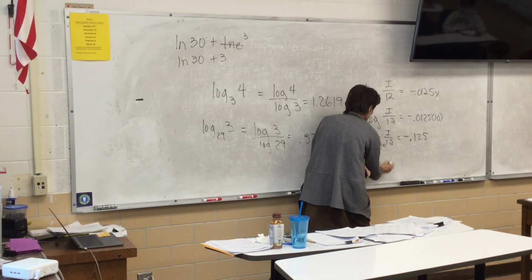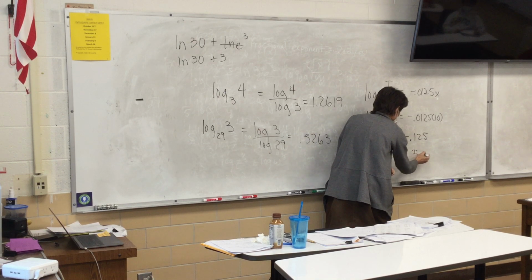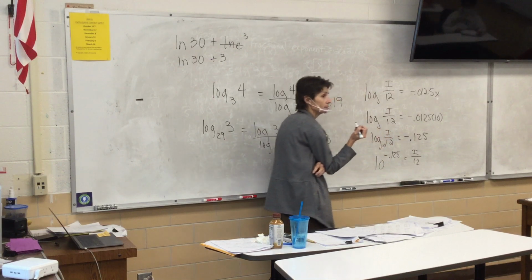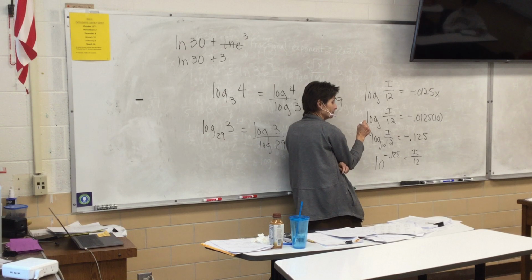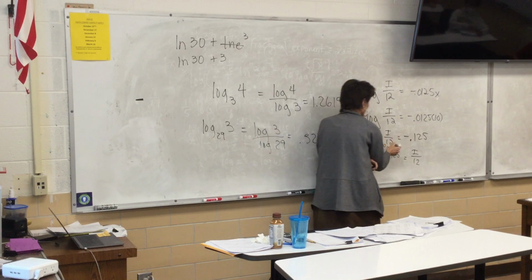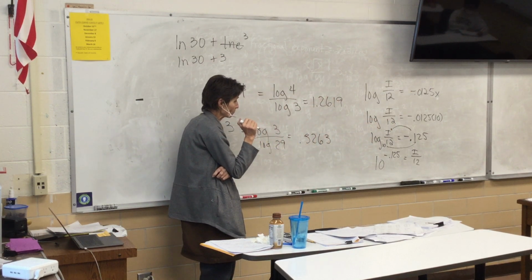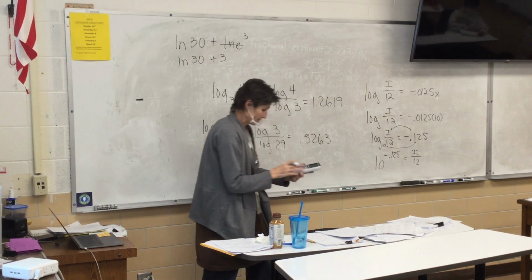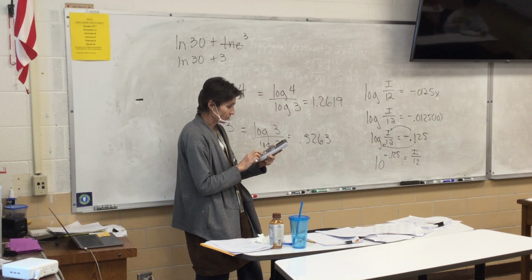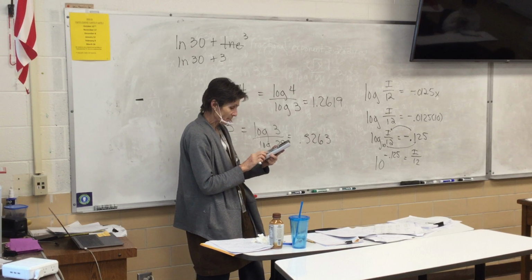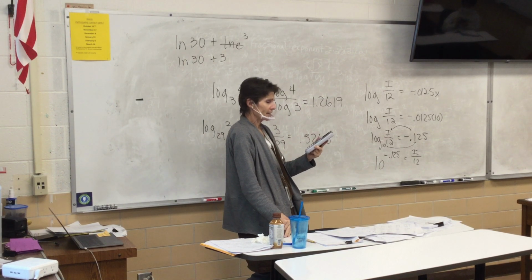So 10 to the negative 0.125 equals I over 12. Remember, when you have one logarithm in your problem, to get rid of it, you have to loop-de-loo. It's your only choice, okay? So I'm gonna go ahead and raise 10 to the negative 0.125 power, and then times it by 12. Did you get 8.9987? Yep.